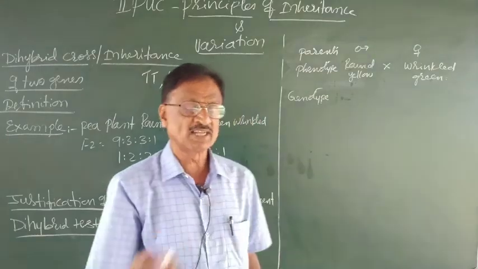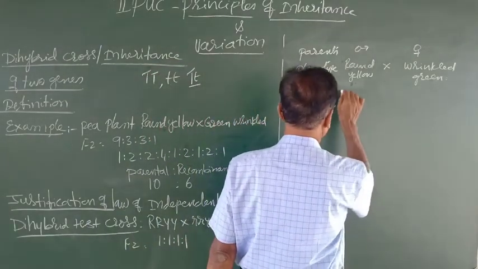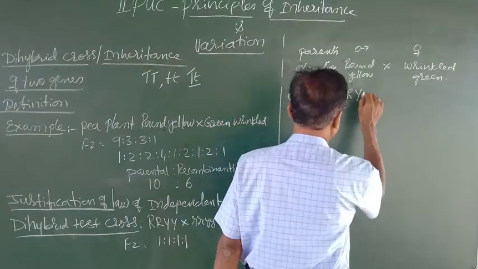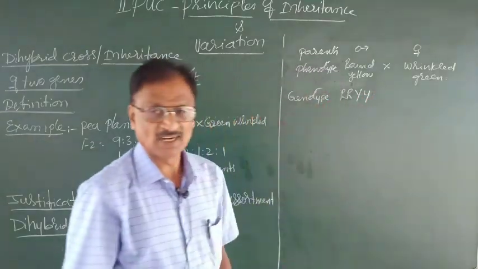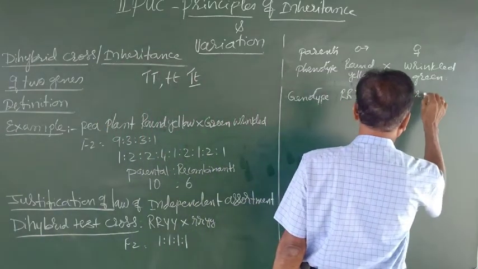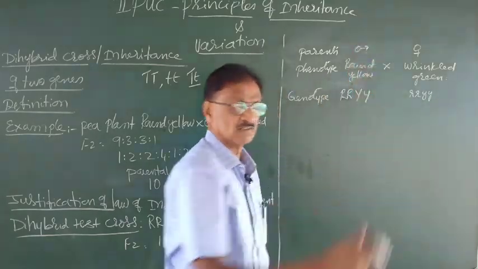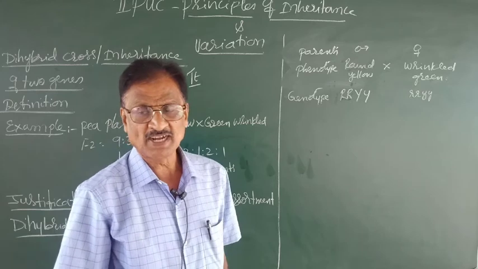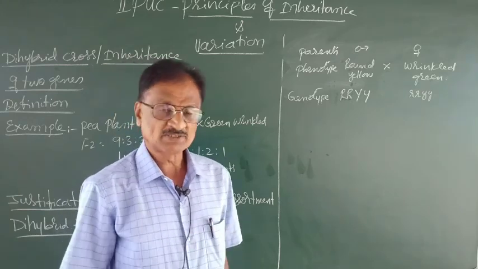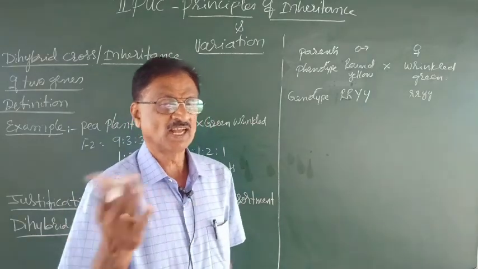As round yellow is dominant, we use capital letters like this. As wrinkled green is recessive, we write it with small letters like this. And this represents a cross. In plants, a cross is nothing but pollination, the transfer of pollen grains from one flower to the stigma of another flower.